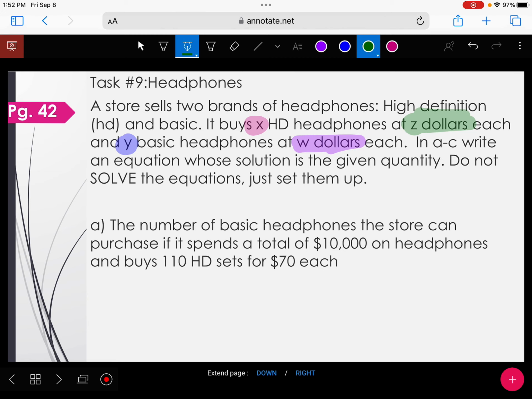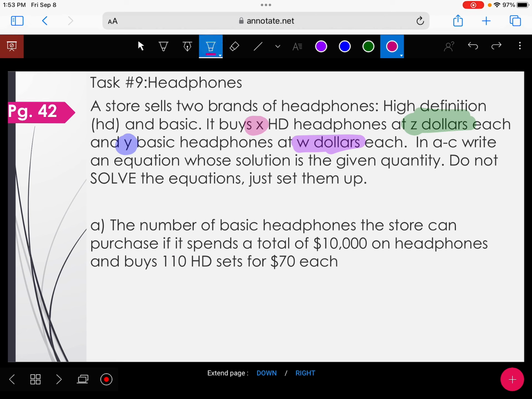So what we're going to write is an equation for the number of basic headphones the store can buy if they spend $10,000 on headphones and they buy 110 HD sets. The first thing we're going to do is match up what we know. I know they're going to buy 110 HD headphones.